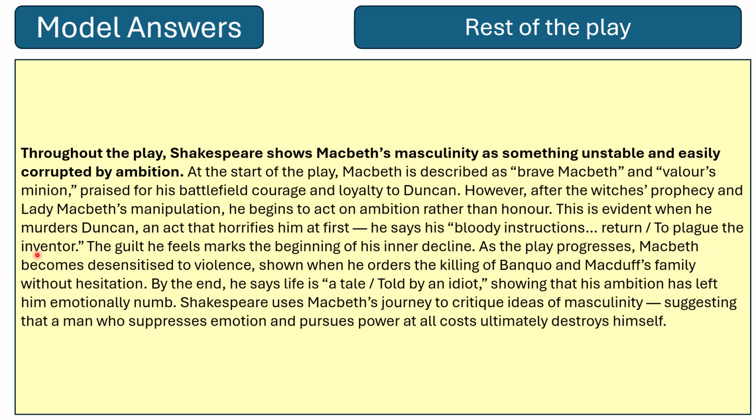It's interesting that he uses "inventor," because we could argue that realistically the idea came from either the witches or even Lady Macbeth. But again, it's that question, is Macbeth the one that's responsible? The guilt he feels marks the beginning of his inner decline, that conflict that we spoke about. As the play progresses, Macbeth becomes desensitized to violence, shown when he orders the killing of Banquo and Macduff's family without hesitation.